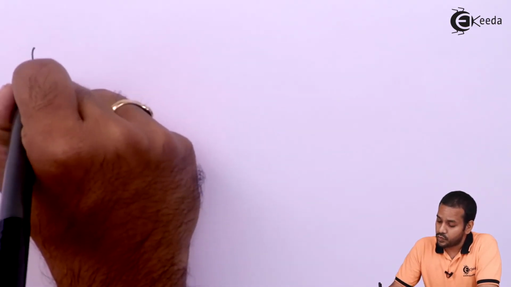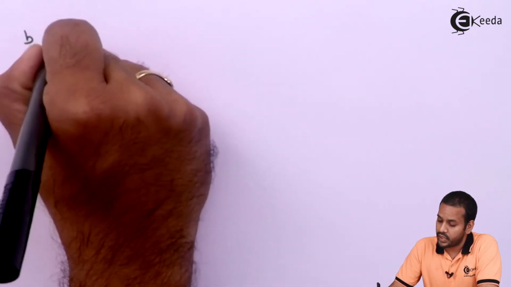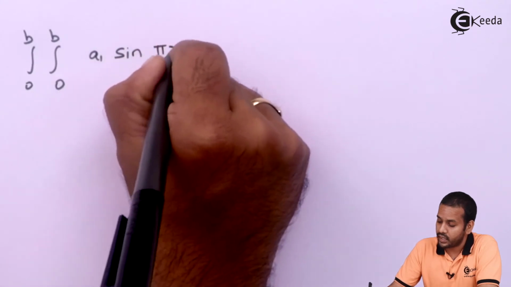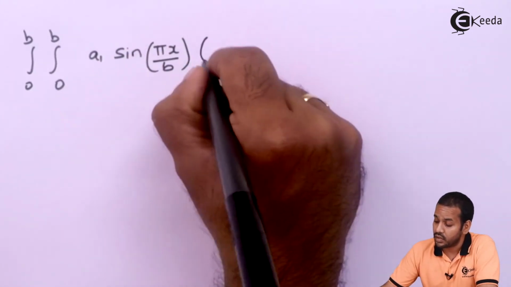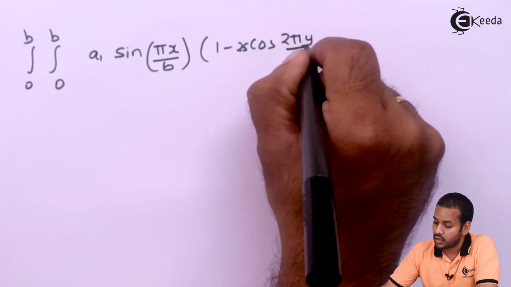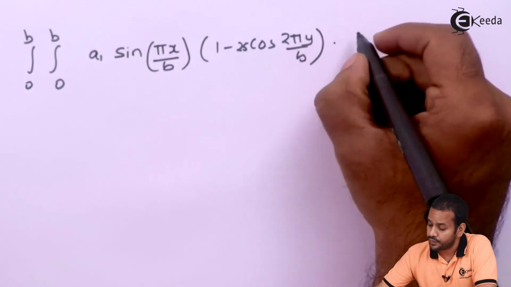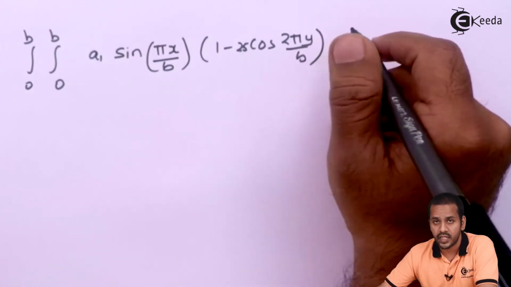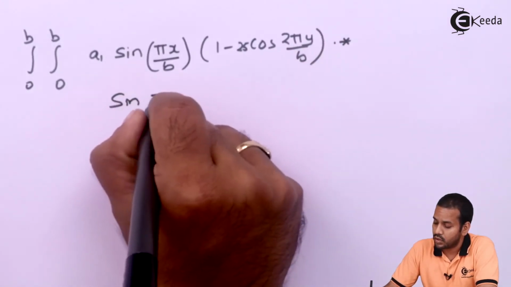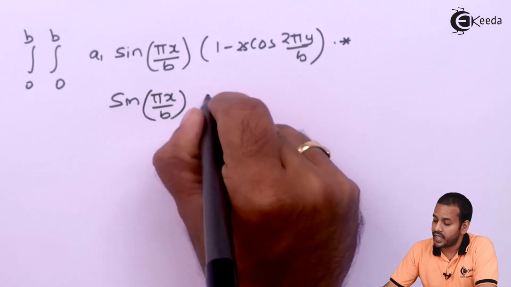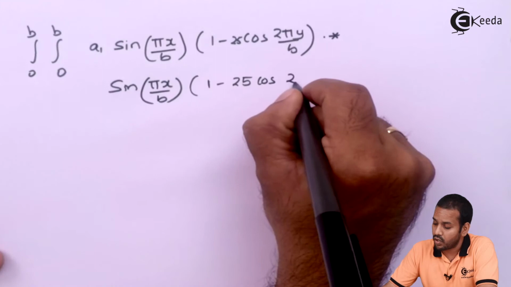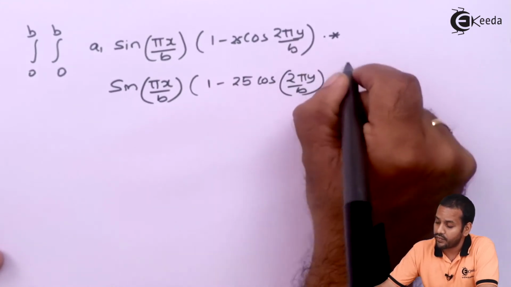So just multiply these two terms: integral 0 to b, integral 0 to b, of a1 sin(pi x by b) into (1 minus 25 cos(2 pi y by b)), into the differentiation of the other term with respect to a1, that is sin(pi x by b) into (1 minus 25 cos(2 pi y by b)).